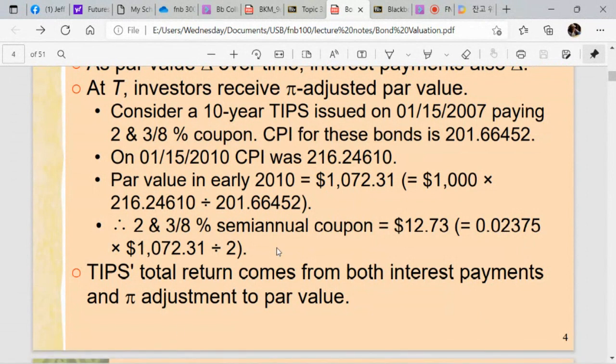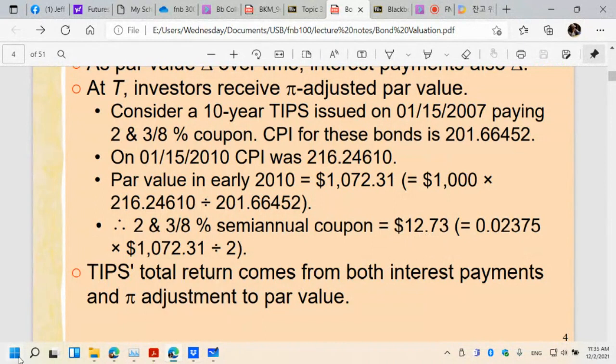But that's annual, and bonds pay interest semi-annually, every 6 months. So half of that number, divided by 2, the semi-annual coupon will be 12.73.